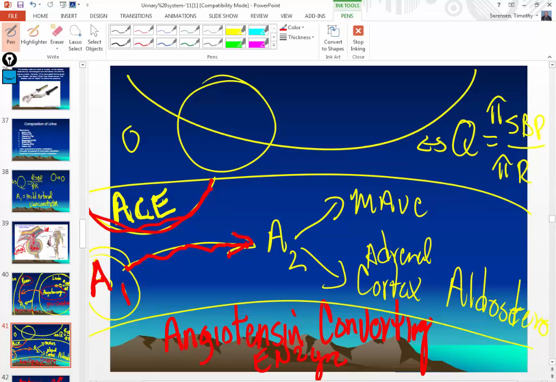Angiotensin converting enzyme converts angiotensin 1 to the much more powerful and longer lasting angiotensin 2. And angiotensin 2 is a massive arterial vasoconstrictor.